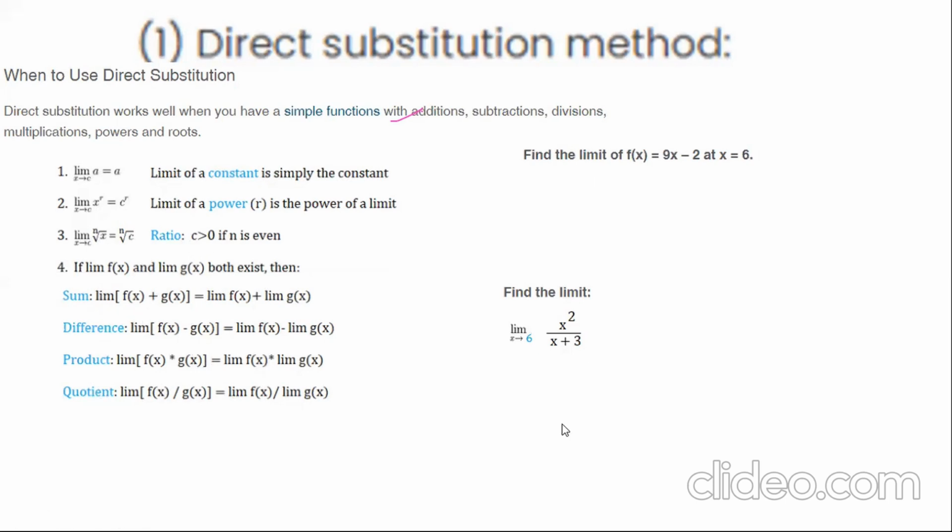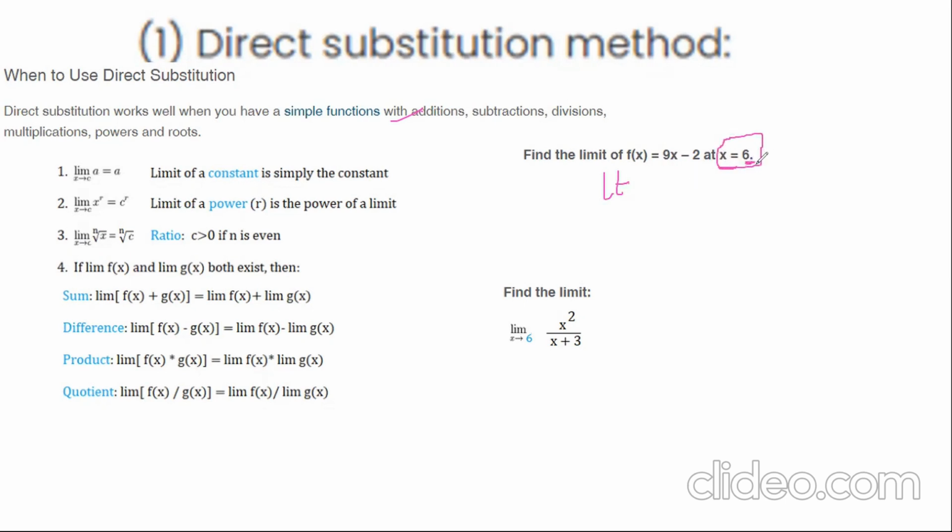Let us take one example and we will do. Find the limit of f of x equals 9x minus 2 at x equal to 6, right? How do we write this one? Let us write this in our mathematical form. So, limit. What are they saying? They are asking at a particular point, that point is 6.